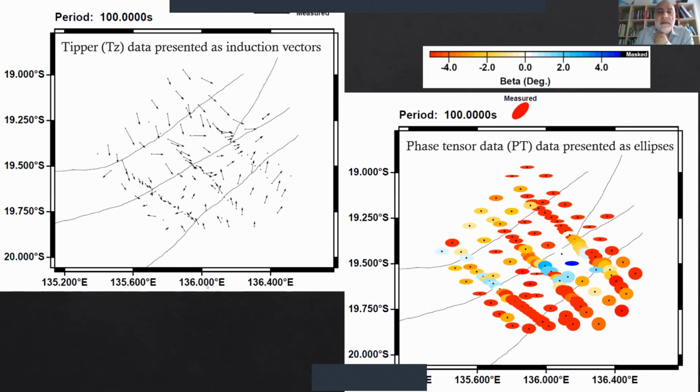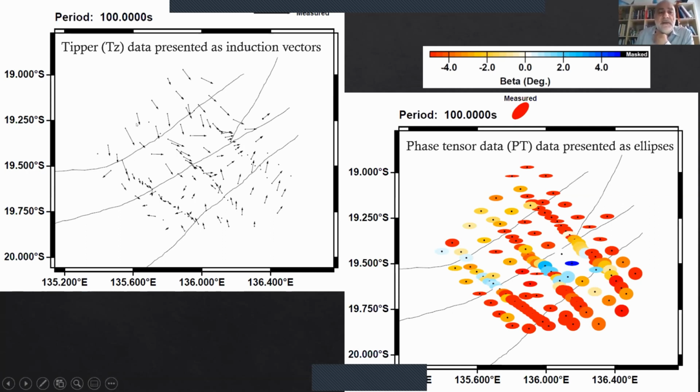If you look at the physics behind the tipper data, the vectors usually point to where we have a high concentration of electric current. And if we are talking about a high concentration of current, that means we are talking about conductive materials.